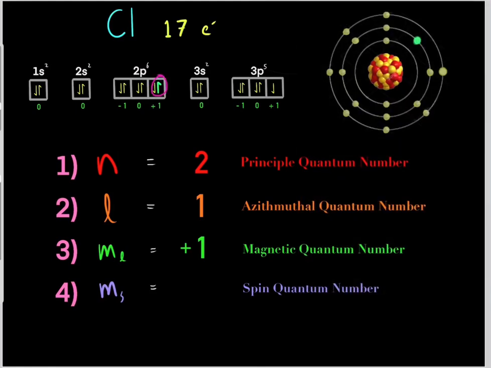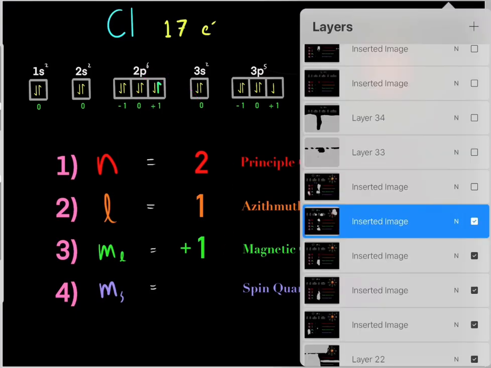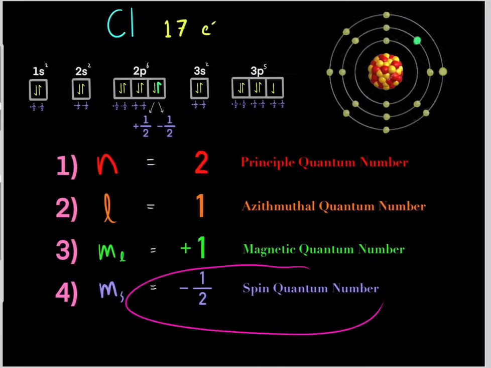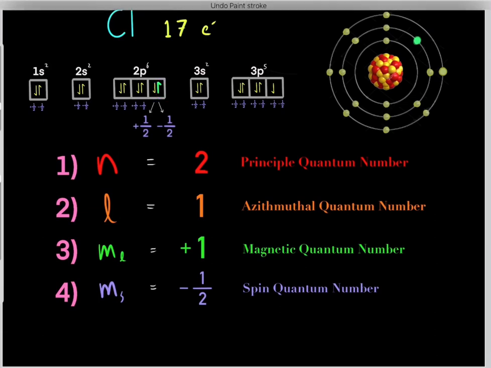So what is this electron's magnetic quantum number? Well, again, remember this pattern. The center orbital has a magnetic quantum number of 0, then the adjacent orbitals are -1 and +1. So we see this electron is in this particular orbital, so therefore it has a magnetic quantum number of +1. So what about the spin quantum number of this particular electron?